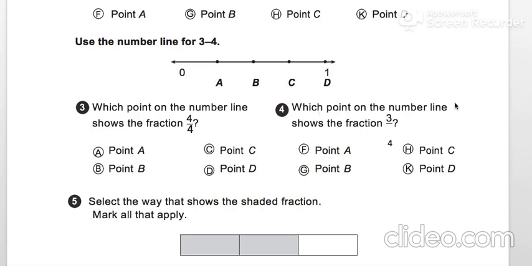Which point on the number line shows the fraction 3/4? The formatting on this is a little messed up, so I apologize about that, but it says 3/4. Which one shows 3/4? A, B, C, or D? You're going to fill in your answer there.